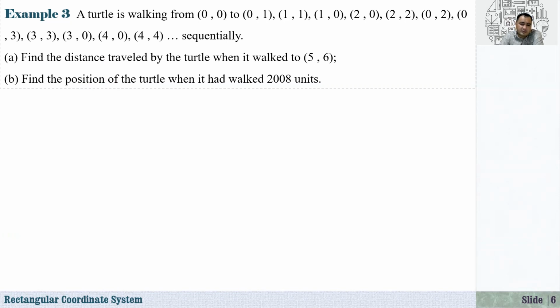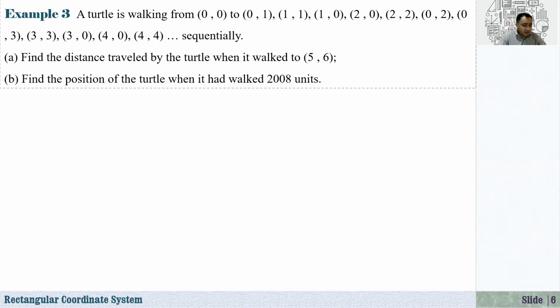So it is following some kind of pattern, and maybe drawing some kind of art. Anyway, the question here is, find the distance traveled by the turtle when it walked to the point whose coordinates are (5, 6). And question B, find the position of the turtle when it had walked 2008 units.